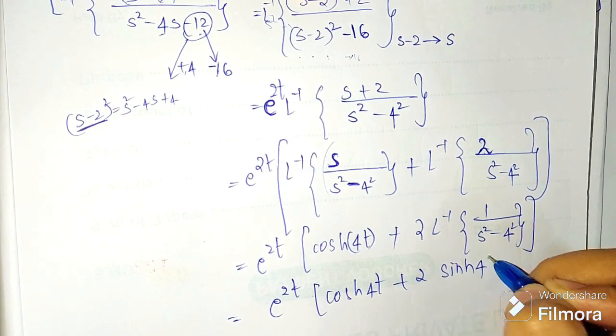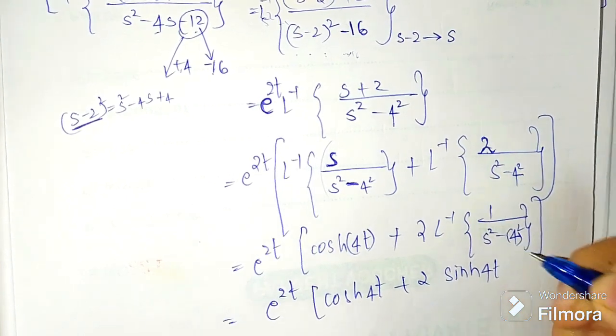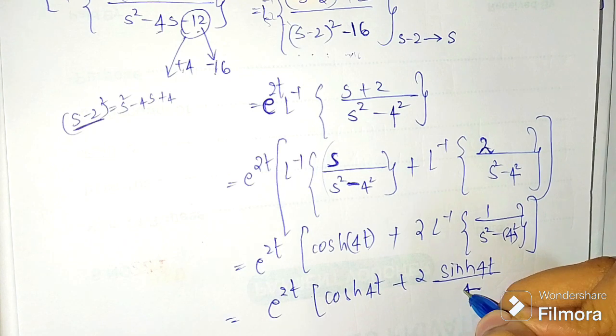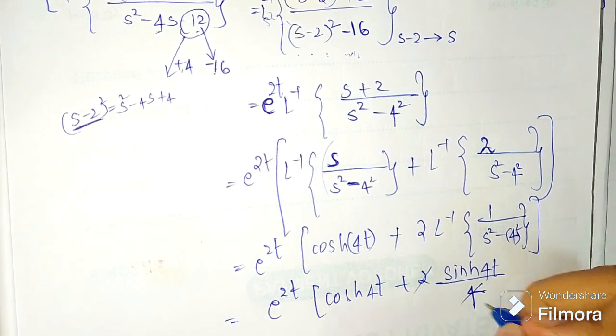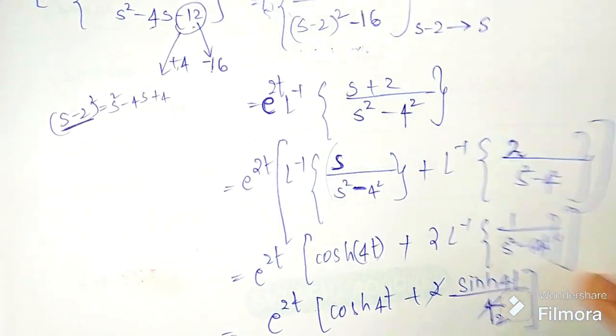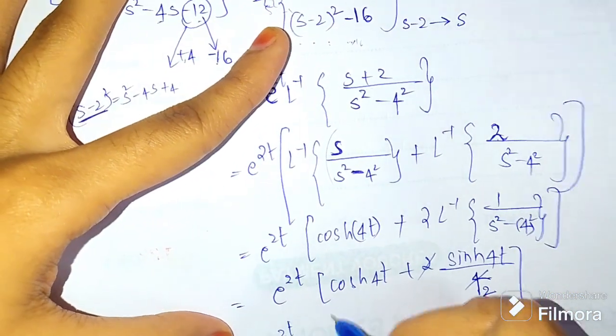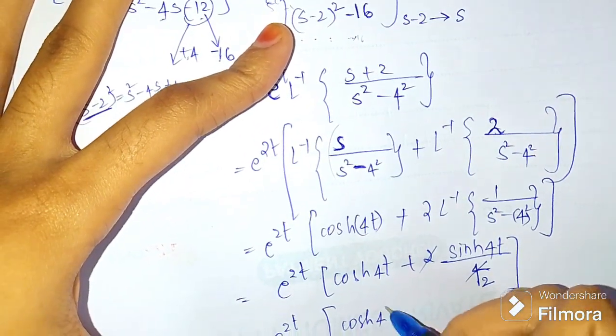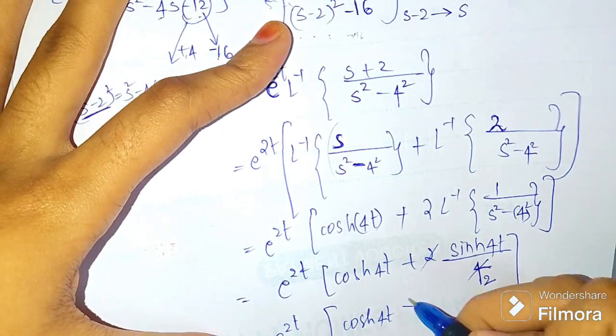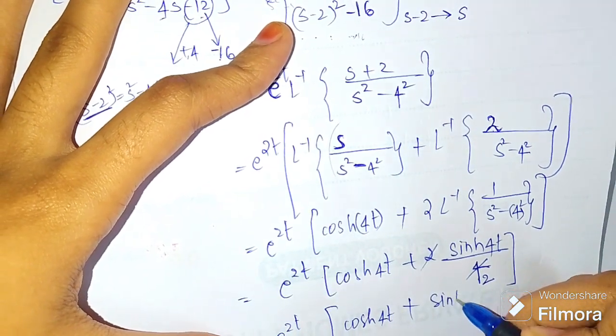A is 4 by 4, right? So I'll cancel it like this. Okay, so the final answer is e power 2t cos h4t plus 1 by 2 sin h4t by 2.